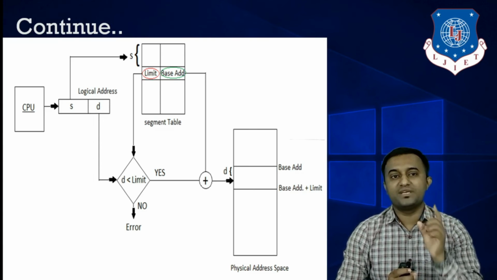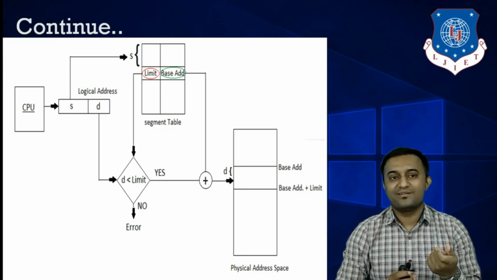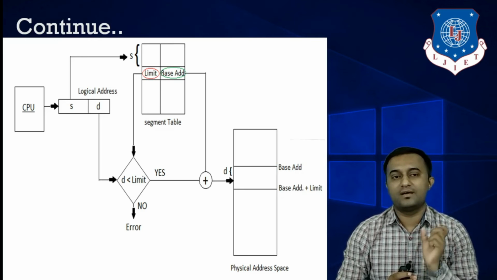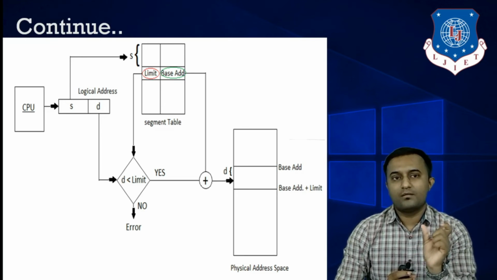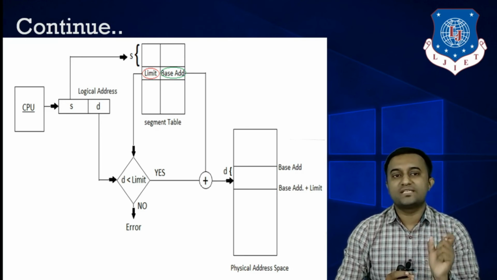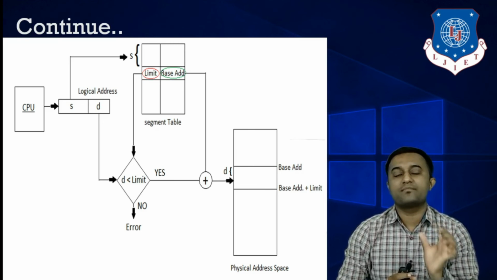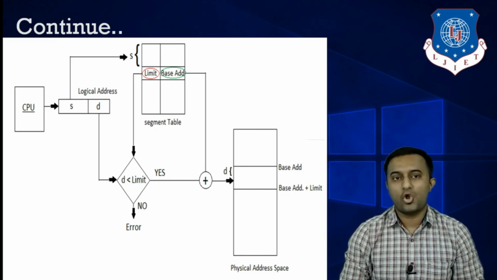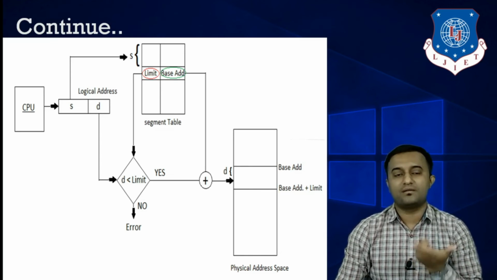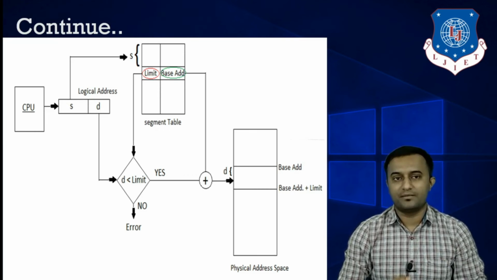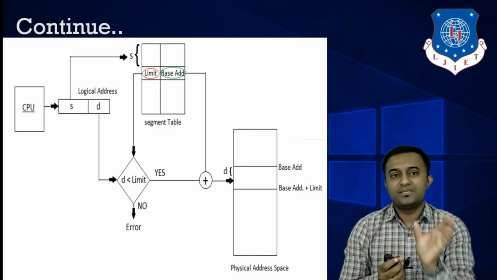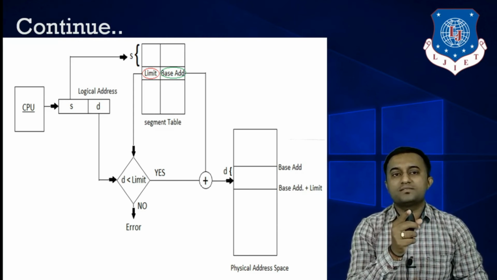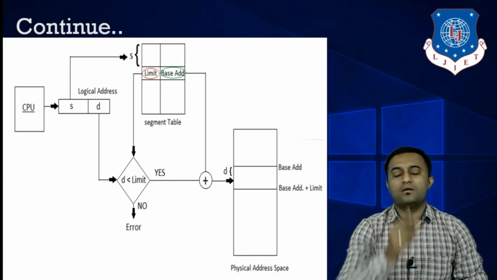In the case of paging, the page number was there, but in this case, because we call the partition a segment, S stands for segment number and D stands for displacement or offset value, or in this case the limit.